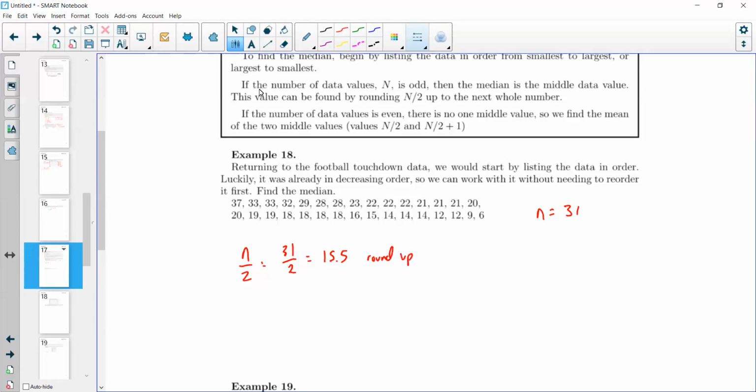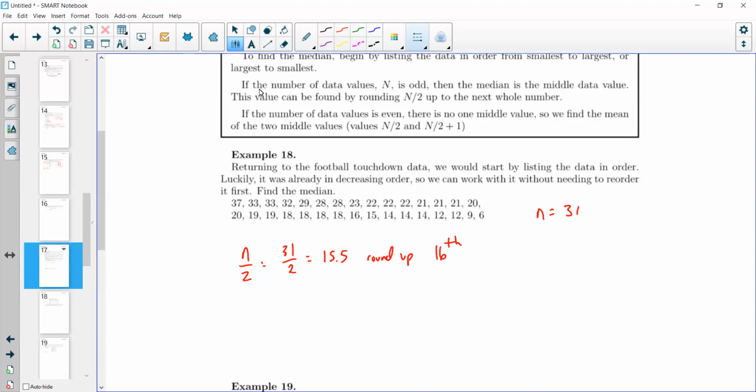So we round up to 16. And what is 16? 16 is not the median. Well, it might be, but it's not. 16 is the location of the median in the list of data. So we're looking for the 16th data point.